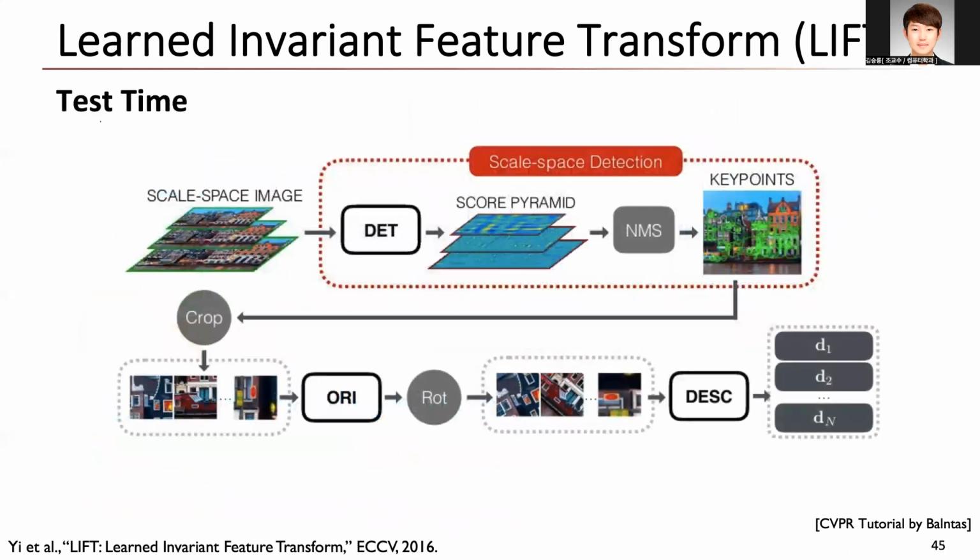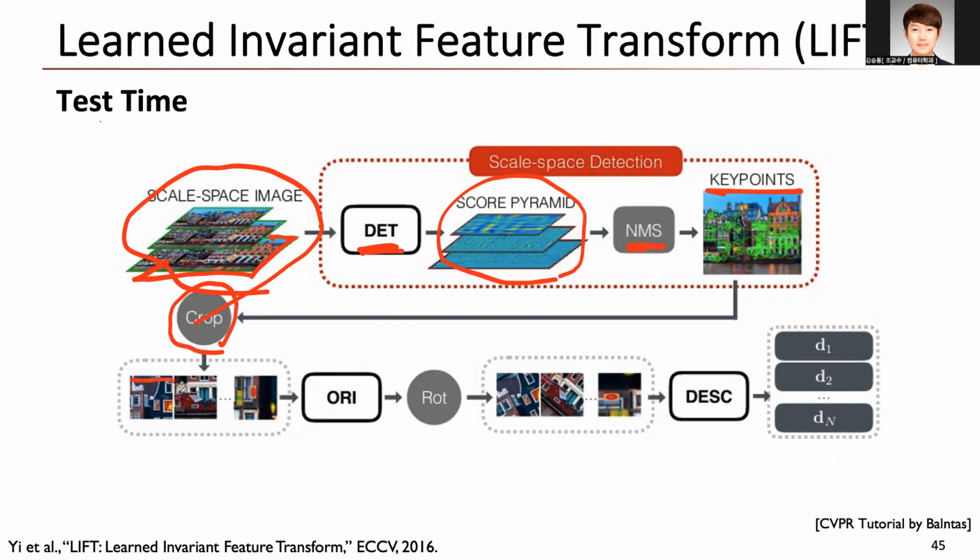But at testing time, similar to the scale space, they build the scale space images at testing time only, do detection, build the scale pyramid, and use non-maximum suppression similar to SIFT to extract the keypoints or feature points. They crop each patch, estimate the orientation, normalize the orientation, describe the feature vector, and do the matching.